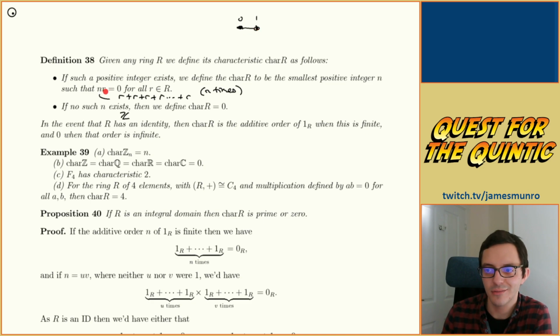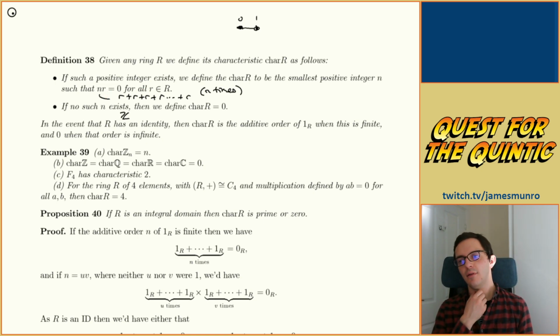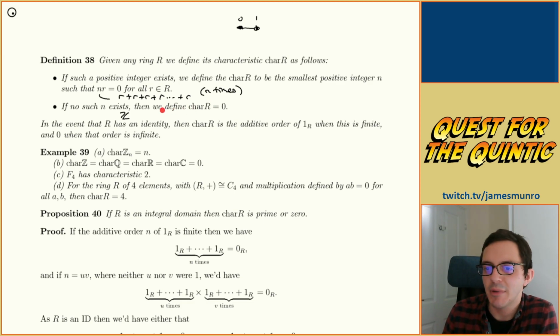what's R? And for all r in R, excuse me, in particular for the identity, let's think about the identity. You go off on your walk like this, and maybe you get back.